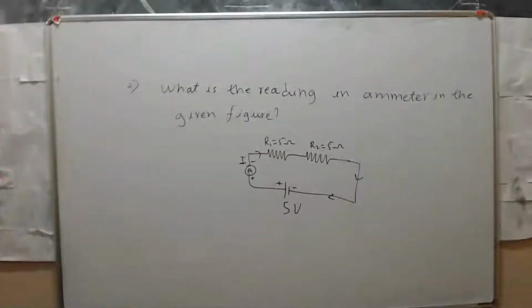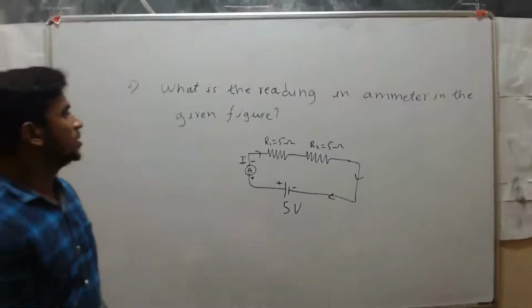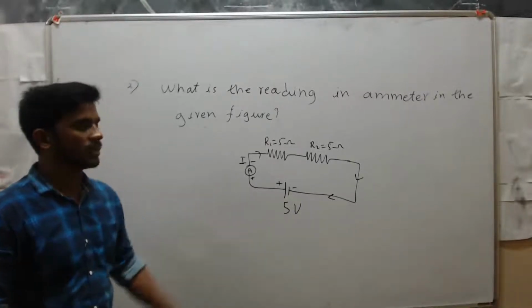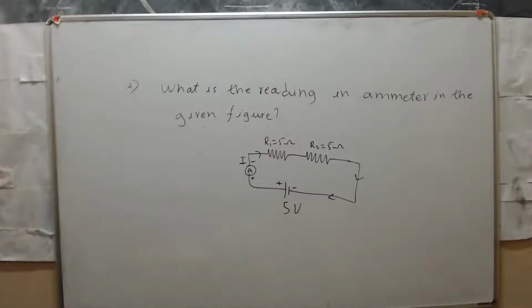Tell me the answer, quick. First, calculate the reading in the ammeter in the given figure. So here you should calculate current. If you want to calculate current, first you should calculate the total resistance in the circuit.